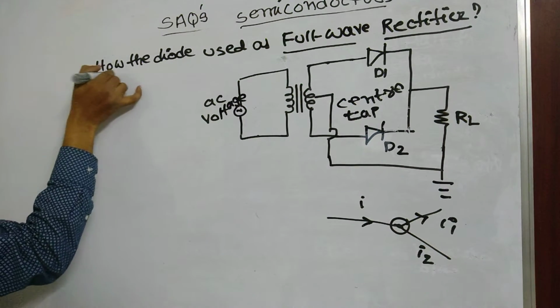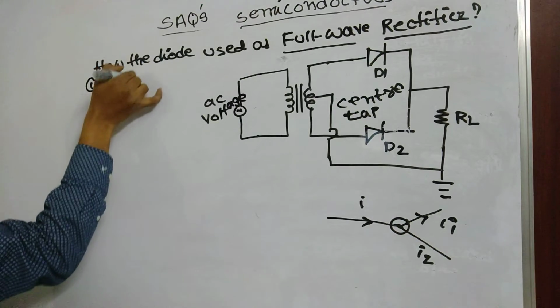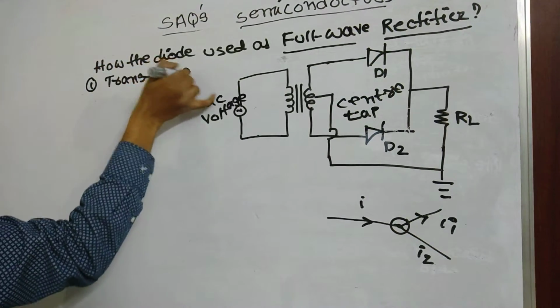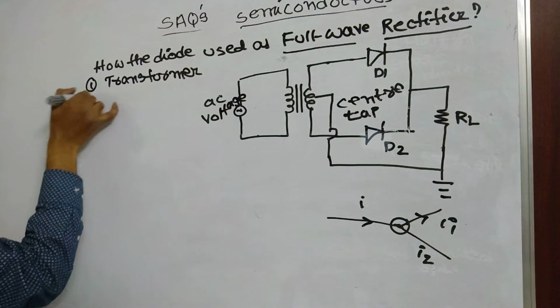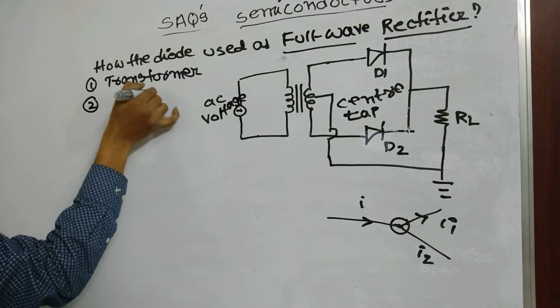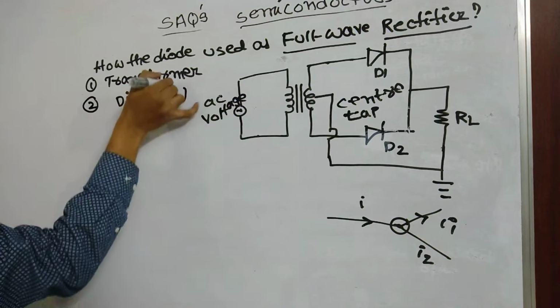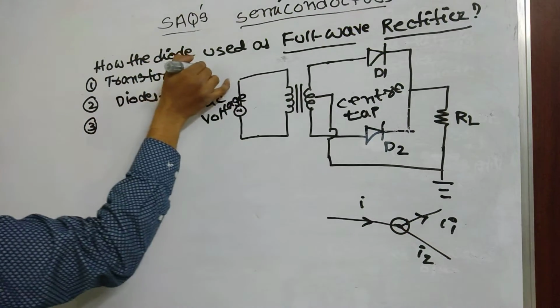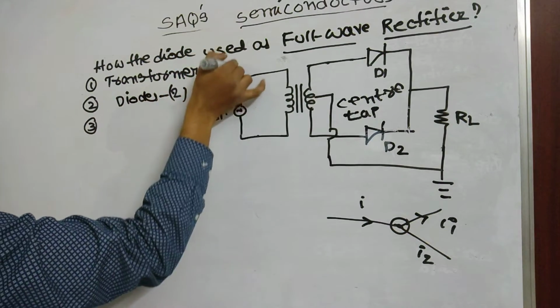Now the requirements, I list them out again. What are the requirements? First one is the transformer. Second one is 2 diodes. How many? 2. Third, the transformer, what nature is it?